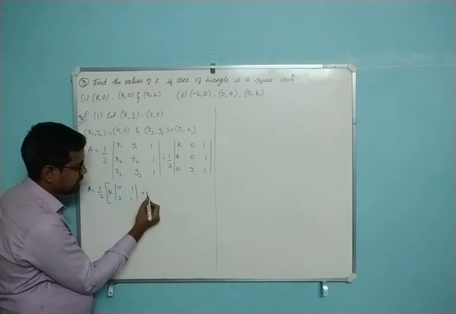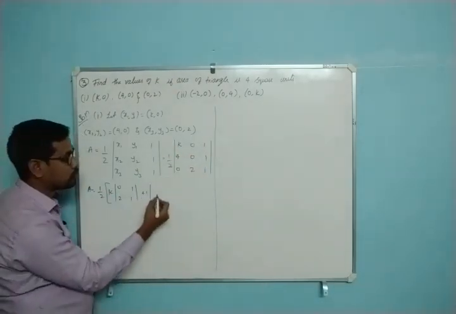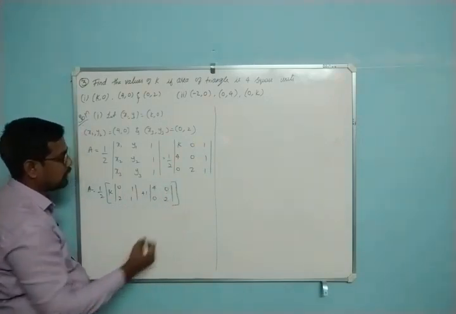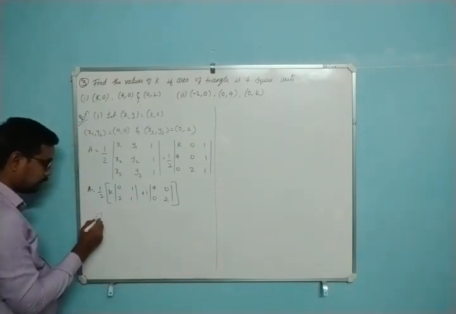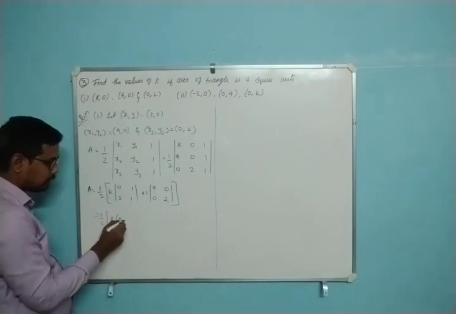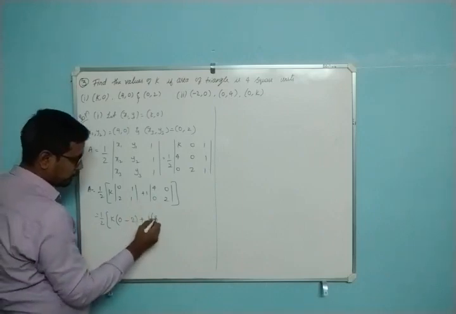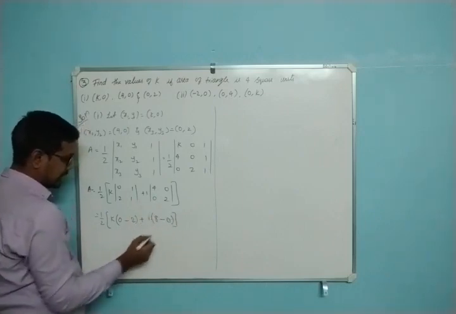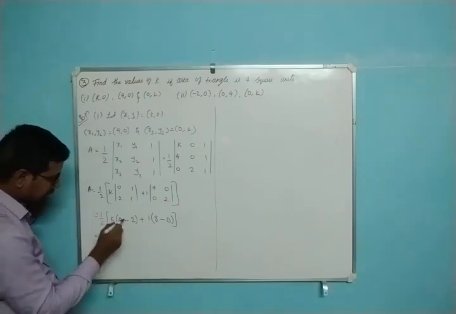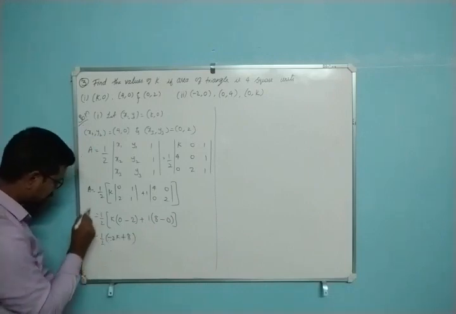Plus 1 into, since 1 is in the first row and third column, leave the first row and third column. What comes here? 4, 0, 0, 2. So this is half into: 0 into 1 is 0, minus 2 into 1 is 2, plus 1 into 4 into 2 is 8, minus 0 into 0 is 0. So this is half into minus 2k plus 8. So what is this? The area.